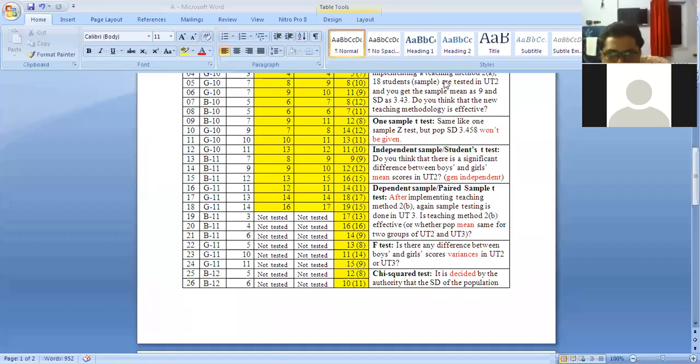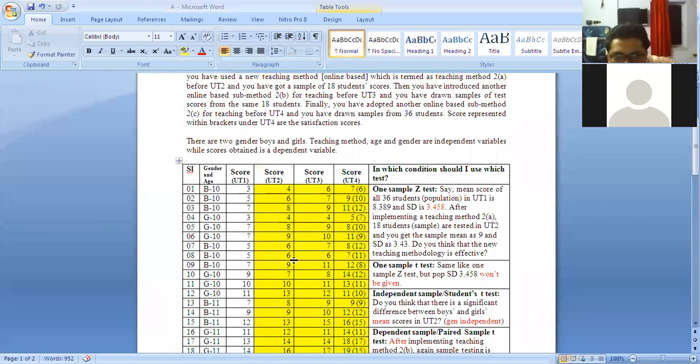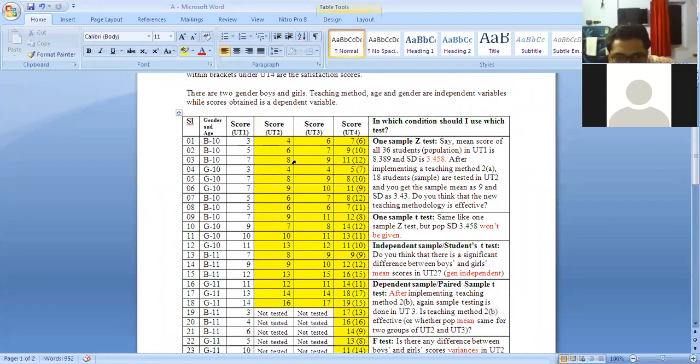Okay. So in F test, is there any difference between boys and girls scores variances in unit test 2 and/or unit test 3? So you have seen that in unit test 2 you have taken some samples. In unit test 3 you have also taken some samples.